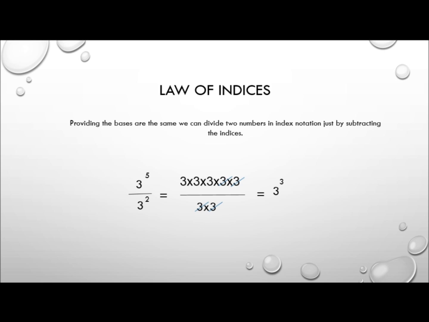We can cancel out the two 3s on the bottom with two of the 3s on the top, leaving us with 3 times 3 times 3, which is 3 cubed. This is the same as saying 3 to the power 5 divided by 3 squared is 3 to the power 5 minus 2, which is 3 to the power 3. Again, I want to stress this only works if the bases are the same.